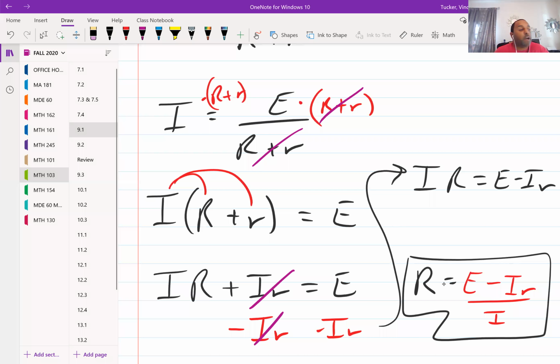That'll give us I capital R equal to E minus I lowercase r. And then to finish it off, divide both sides by I. And capital R will be equal to E minus I lowercase r over I.